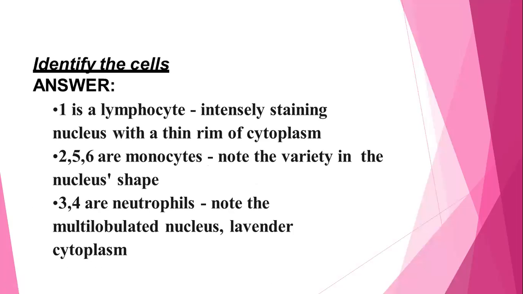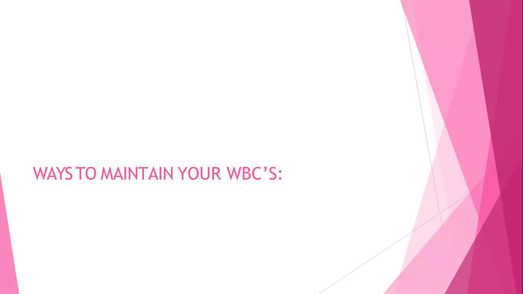The first one is a lymphocyte, which has an intense nucleus with a thin rim of cytoplasm. Second, fifth, and sixth are monocytes. Note there are different types of nucleus shapes. Third and fourth are neutrophils, with a multilobulated nucleus and lavender cytoplasm. You can go through the slide again and try to identify the cells.